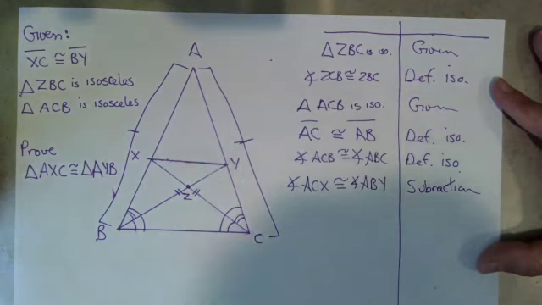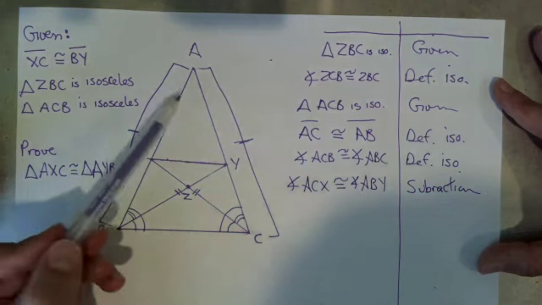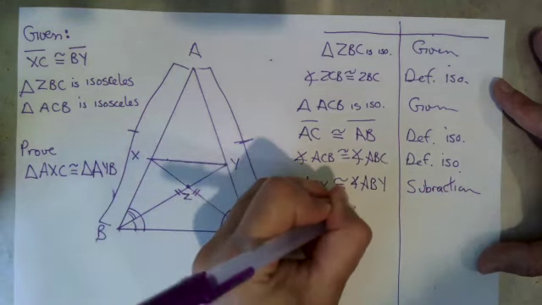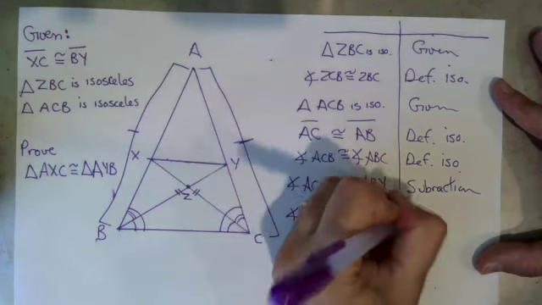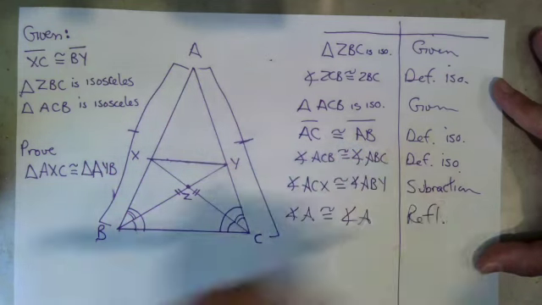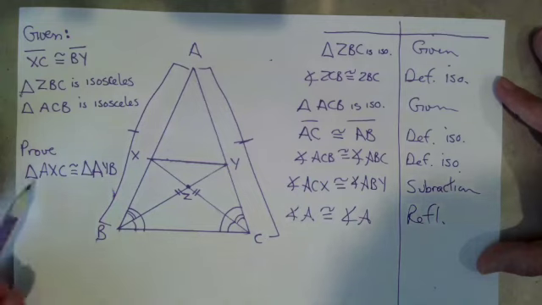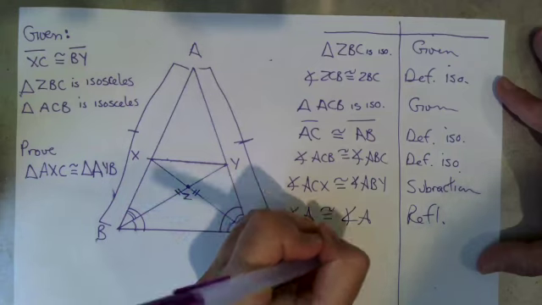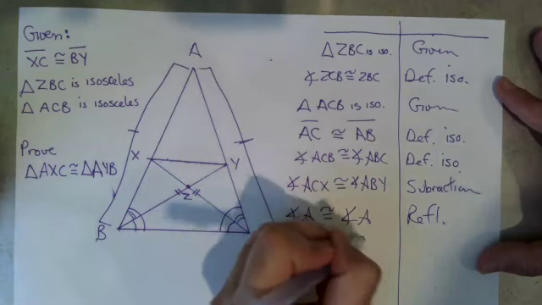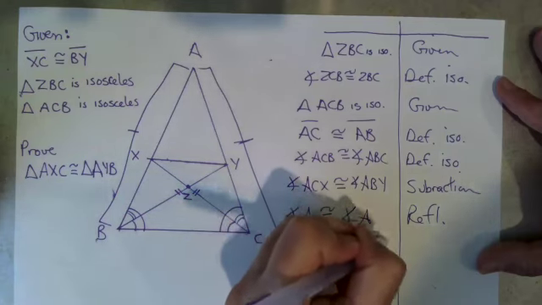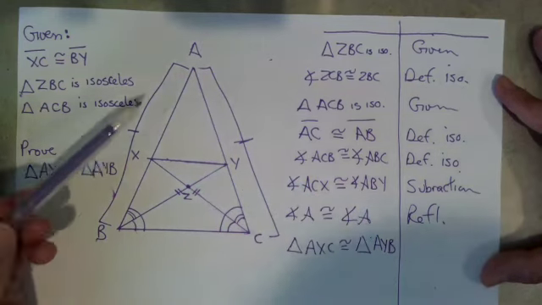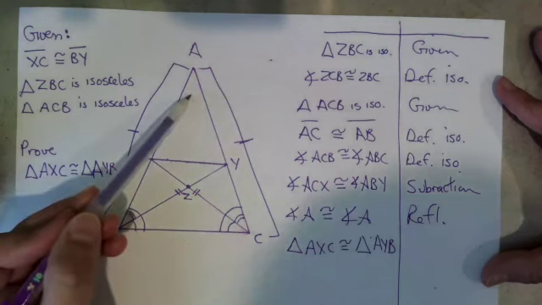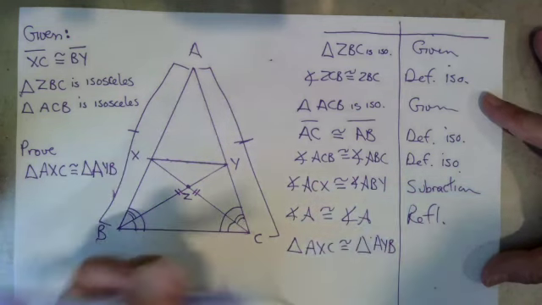And now I can put my final piece in, which is that angle A is congruent to angle A because of the reflexive property. And so finally, I've got that triangle AXC is congruent to triangle AYB because of angle, side, angle.